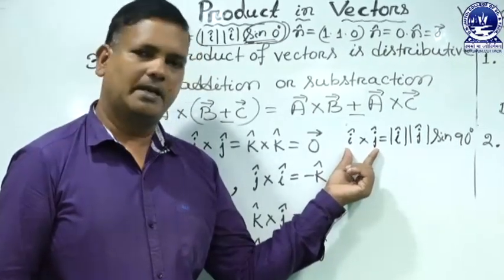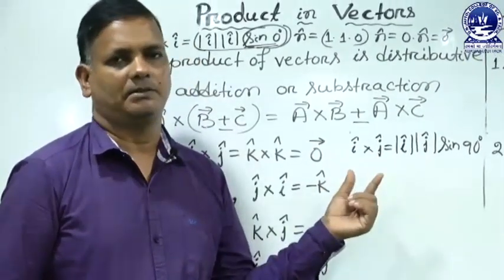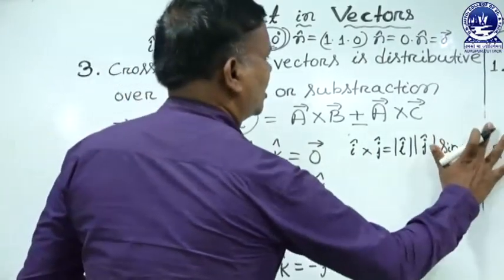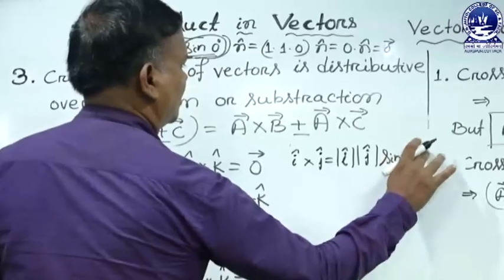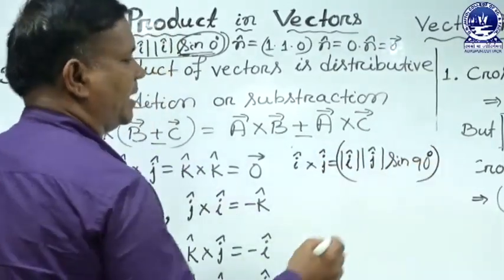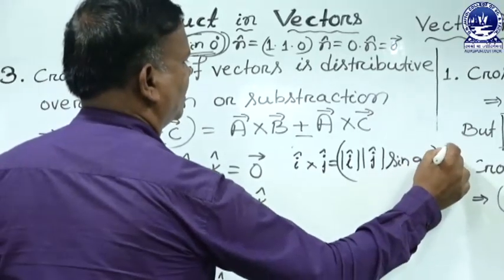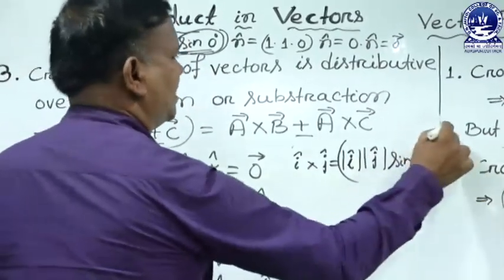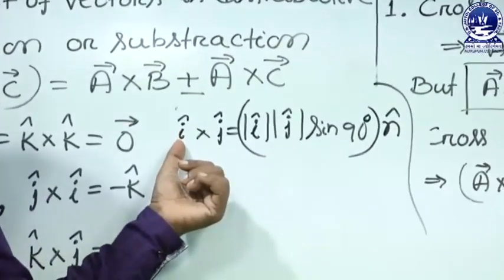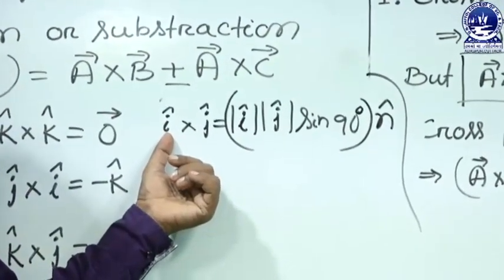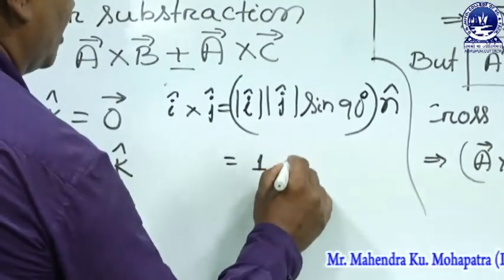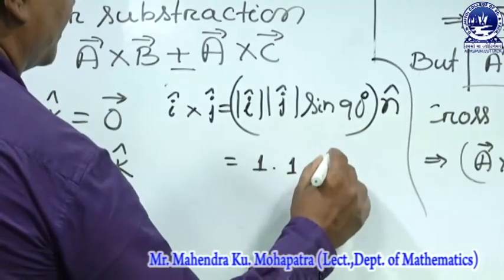So the angle between the x axis and y axis is 90 degrees. Next, n cap is the unit vector perpendicular to the plane containing the A vector and B vector, that is, perpendicular to both i cap and j cap. So the magnitudes are 1, and sin 90 is also 1.